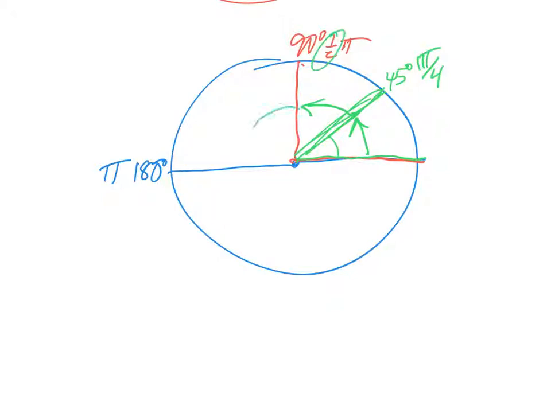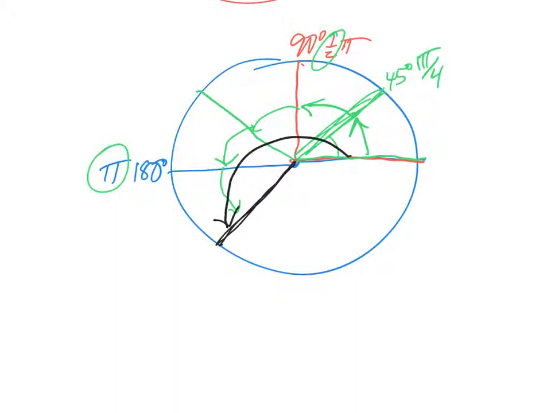And then 3 pi over 4 goes to here. And 4 pi over 4 would be the same as pi, wouldn't it? And so then 5 pi over 4 is one more notch. And this is where 5 pi over 4 would be.